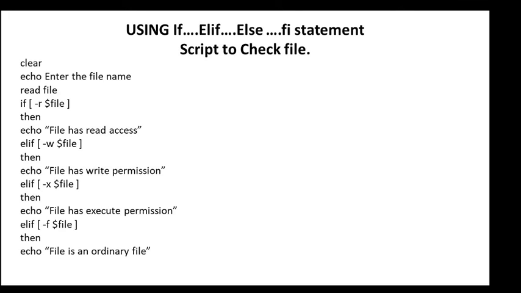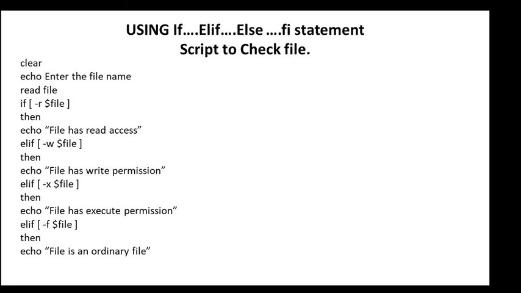If -r file, then this is a script used to check the file. I told you R is for readable, W is for writable, X is for executable. If this condition is true, then file has read access. Else if, elif means else if, -w file name, then file has write permission. Else if -x, for execute, file has execute permission.